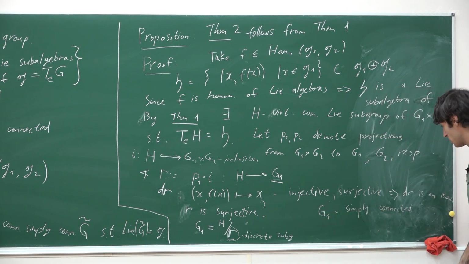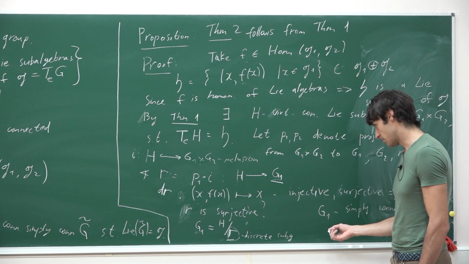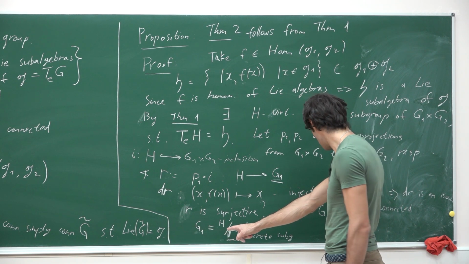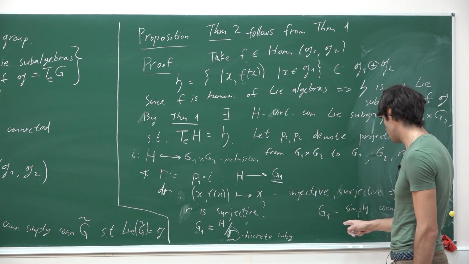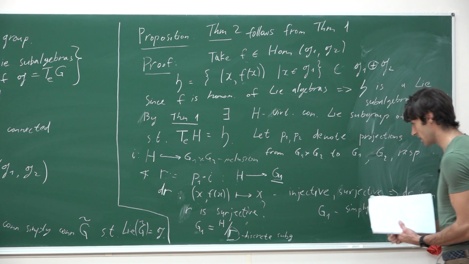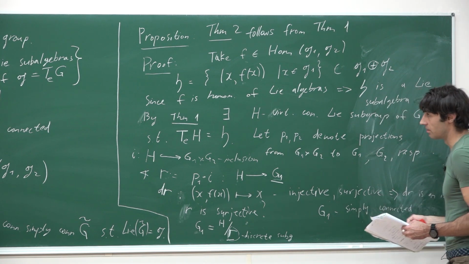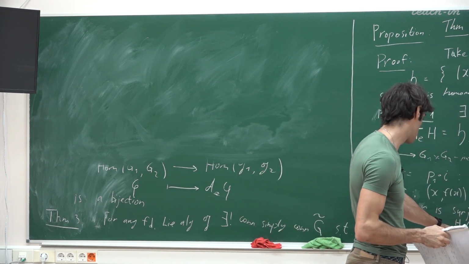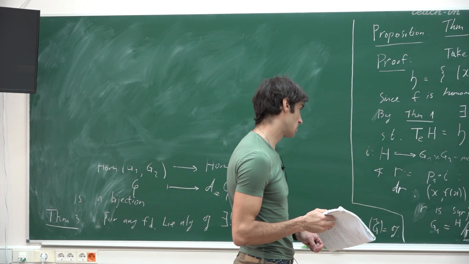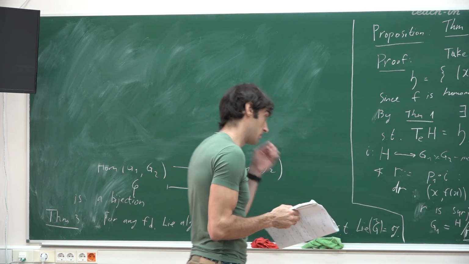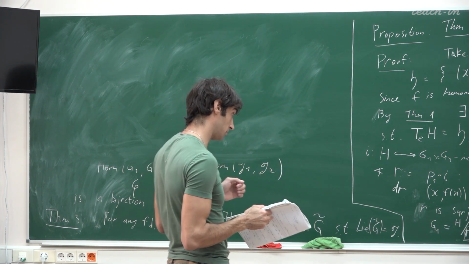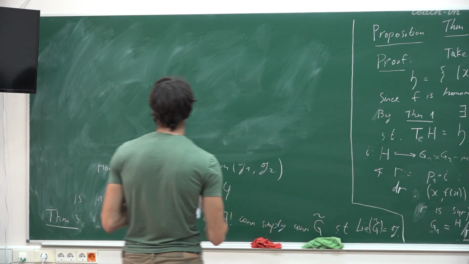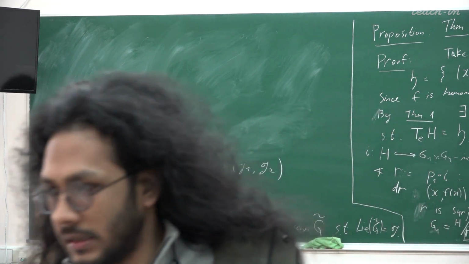So suppose it's surjective. To proceed with the proof, we need to use now that G1 is simply connected. From the fact that G1 is simply connected, it just means that gamma should be just the trivial subgroup, right?